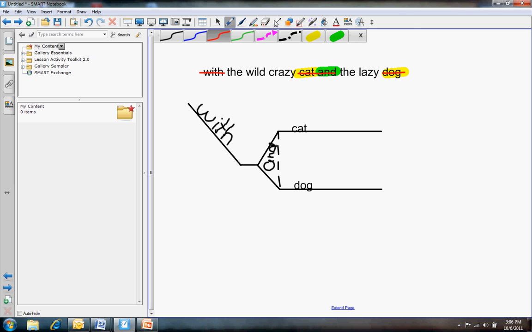And then we will add our lines underneath cat and dog: the, wild, and crazy, and then the and lazy. So we'll see if I can fit this in here.